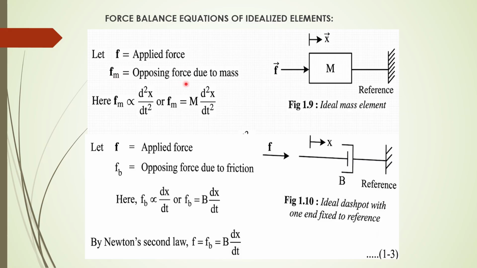Fm is the opposing force due to the mass. X is the displacement. So Fm is directly proportional to d square x over dt square, or also we can write as Fm equals mass times d square x over dt square.